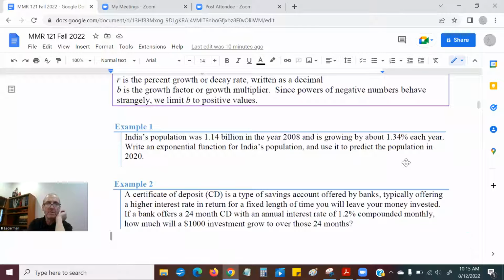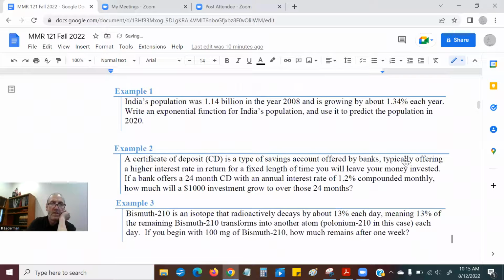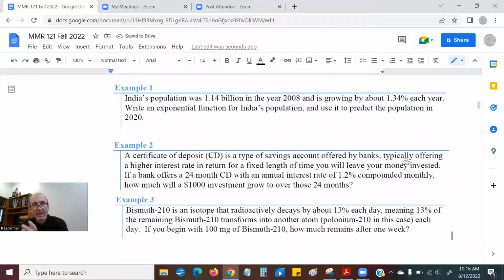Okay, here's a new problem. There you go. You like the way I magically make them appear. Example three: bismuth 210, I don't know how to pronounce it, is an isotope that radioactively decays by about 13% each day, meaning 13% of the remaining bismuth 210 transforms into another atom, polonium 210 in this case, each day.